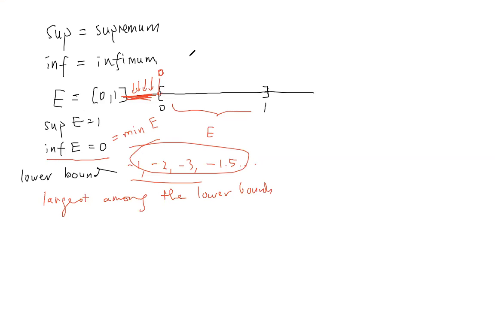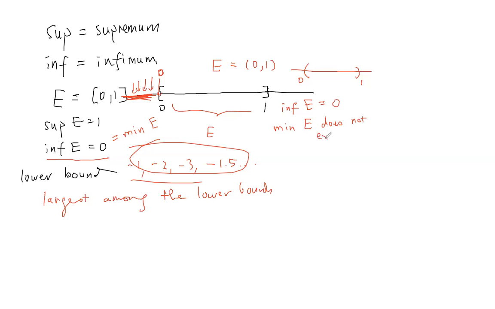All right, and if you have the open interval (0, 1) like this, so this is your 0, this is your 1, your infimum of E will still be 0, but the minimum of E does not exist.